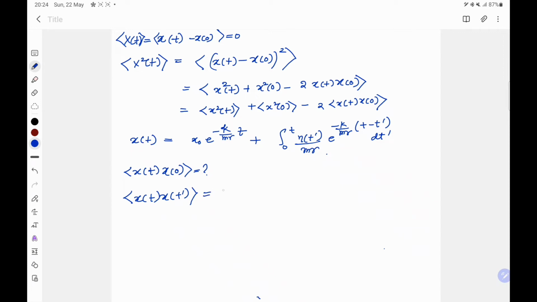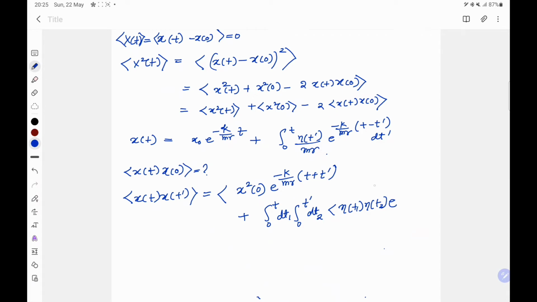So what will be the product? So again we can easily drop the term linear in eta, and then we will have this x0 square e to the power minus kappa over m gamma (t plus t prime), and the cross terms, plus the integral from 0 to t dt1, 0 to t prime dt2, average of eta(t1) eta(t2) e to the power, okay, there will be two things, minus kappa over m gamma (t minus t1) and e to the power minus kappa over m gamma (t prime minus t2).